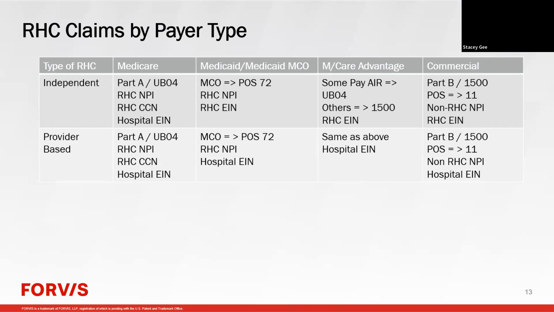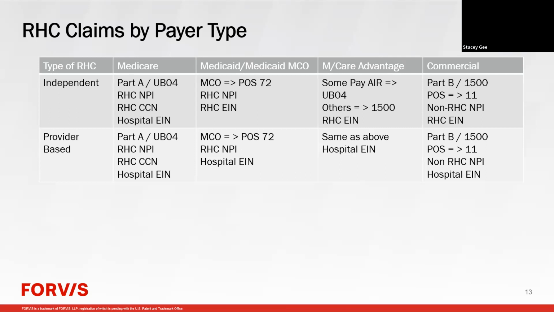for those services that you're providing, what that expectation is, and what's going to go on that claim form based on if it's a Medicare Advantage or a commercial payer, or if you're looking at a Medicaid or a Medicaid MCO. So just very visual.